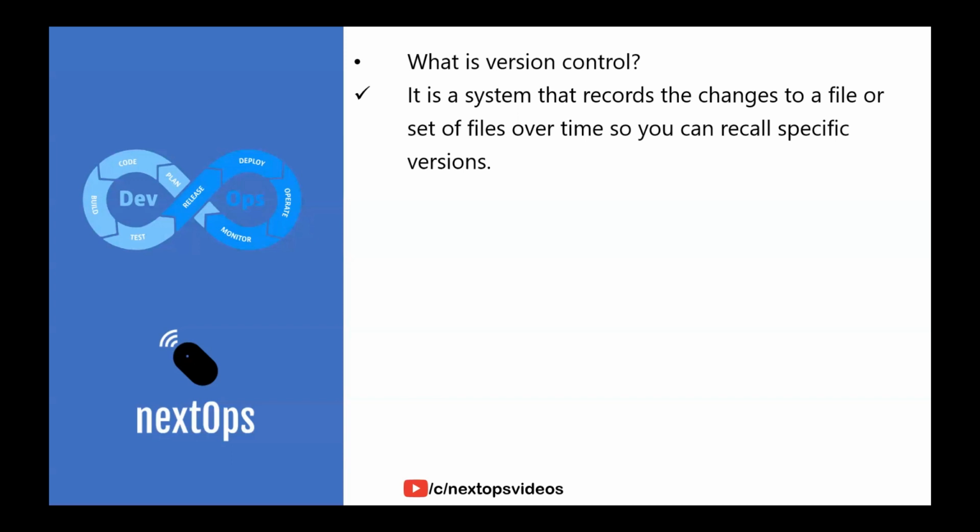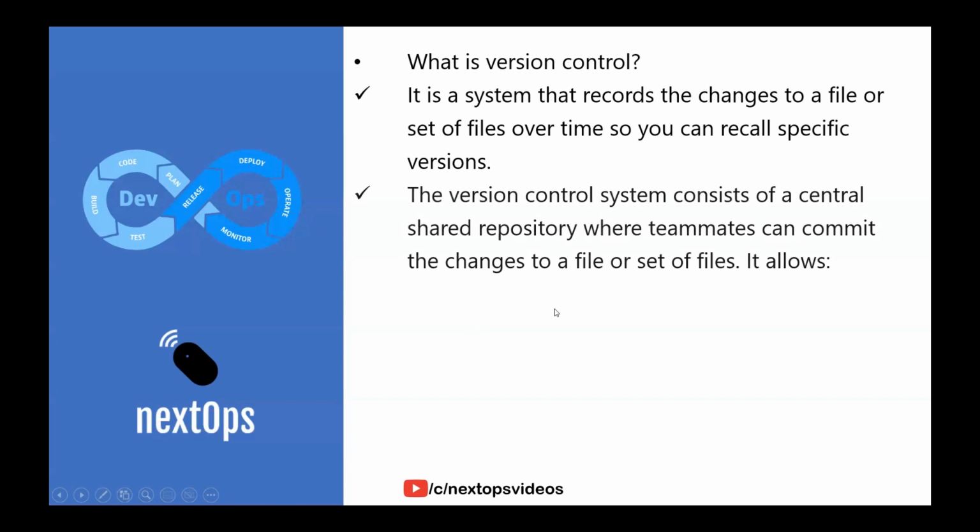Whenever they push changes, GitHub automatically records those changes and maintains them as a separate version. If the updated code is causing problems, they can revert back to the previous version of the code where the application was working fine. And it is only possible with version controlling systems like GitHub. That's where it helps us to solve a lot of issues in real time.